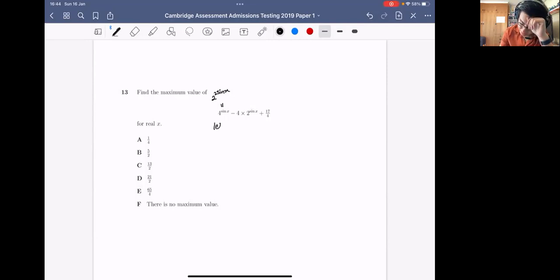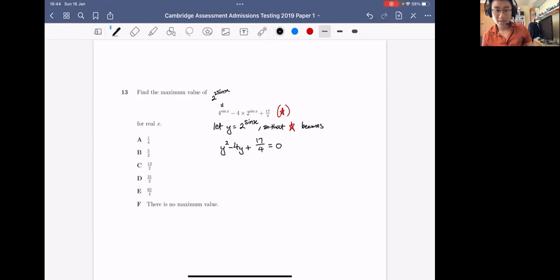So let y equal 2 to the sine x, so that star becomes y squared minus 4y plus 17 on 4. And I guess it's equal to 0.